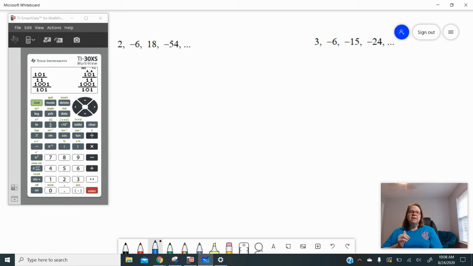So when you look at these two examples, let's call this example 3 and example 4. One of them alternates between positives and negatives, and one of them doesn't. It's not consistent.